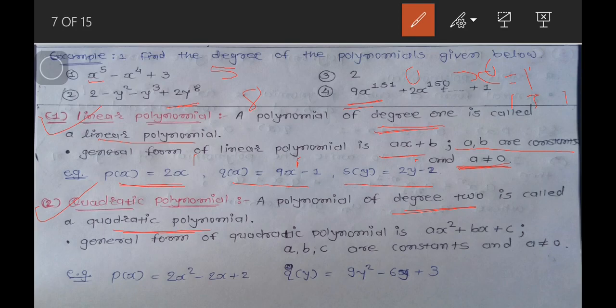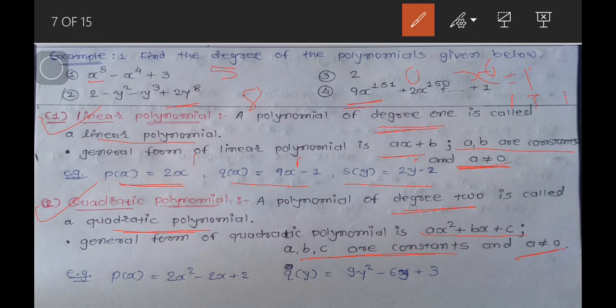We describe all quadratic polynomials in general form as ax square plus bx plus c. This is the form of a quadratic polynomial, where a, b, c are constants, and here a is never 0. A is not equal to 0.